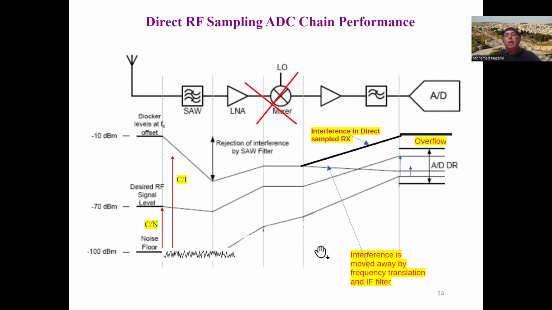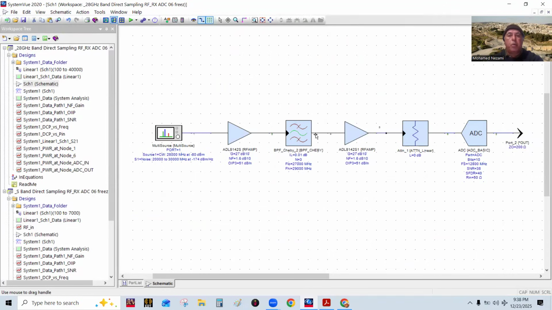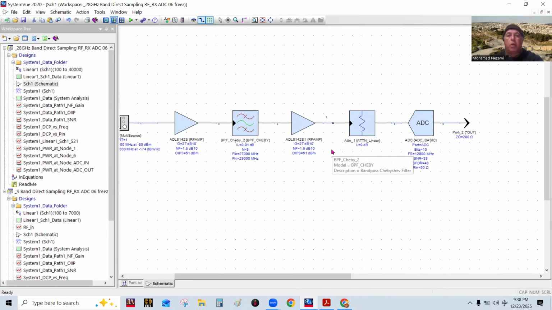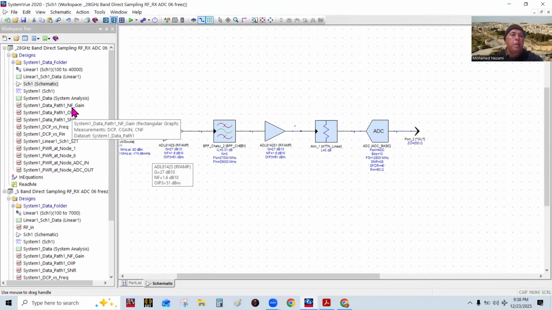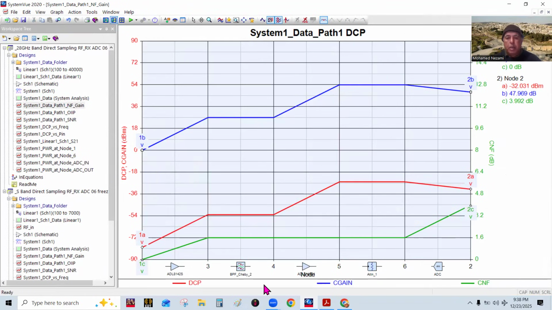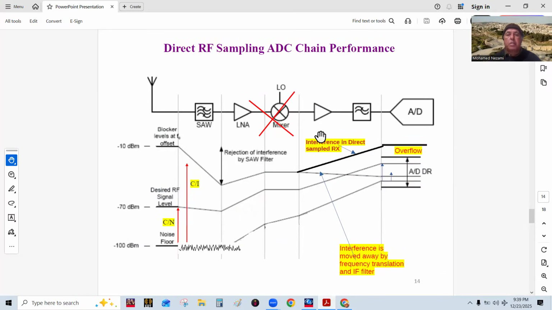So let's now, so that points out one fact that we are going to be going to the system view, and we're going to be actually looking at this and trying to trace the signals as they go through this chain in here, as you can see from the front end to the ADC in here, and we're going to trace out all these variations in the signal and noise level and interferences to be able to design the front end.